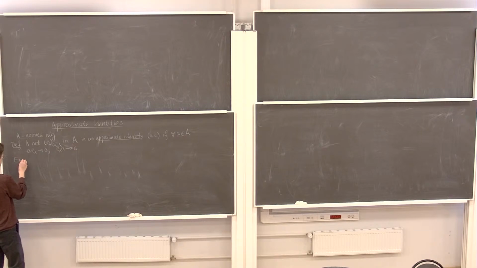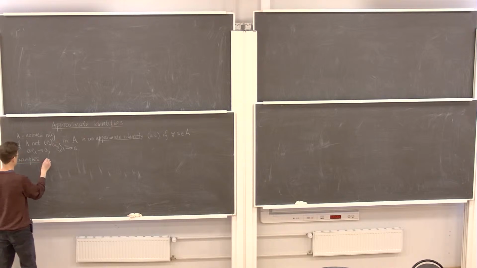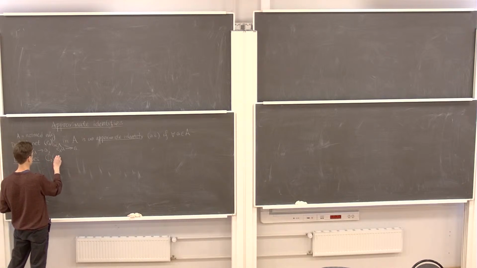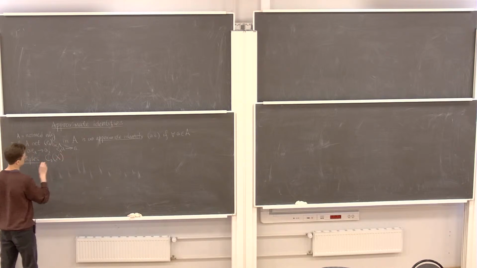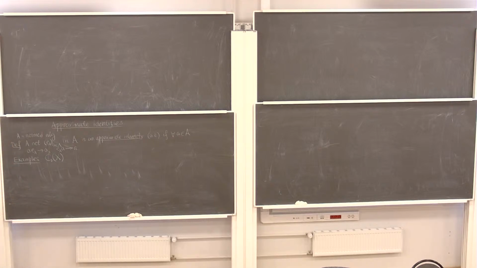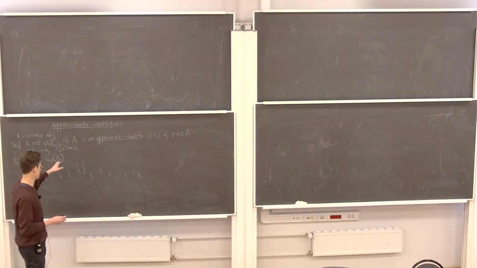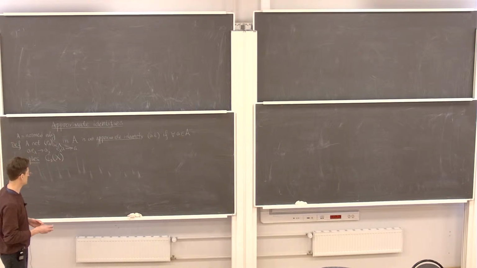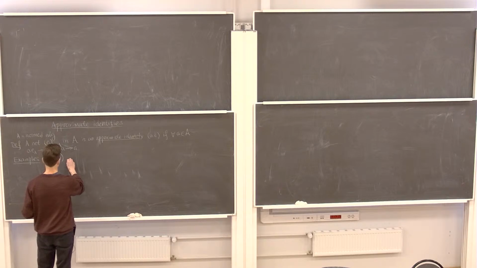So let's briefly recall that, for example, the algebra of continuous and vanishing at infinity functions, C0 of X, where X is a locally compact Hausdorff topological space, always has a bounded approximate identity. It is not unital, except for the case where X is compact.